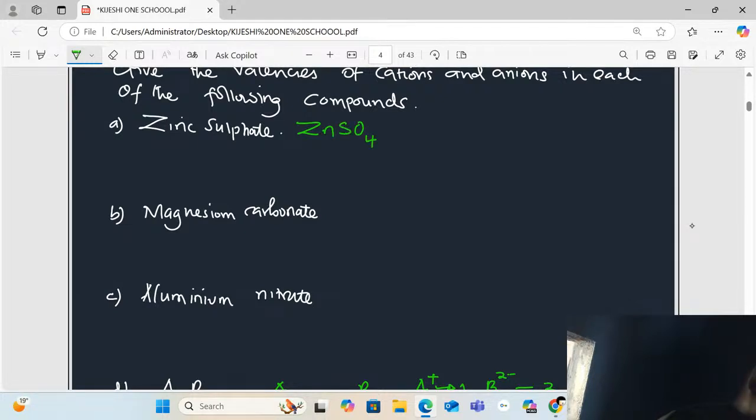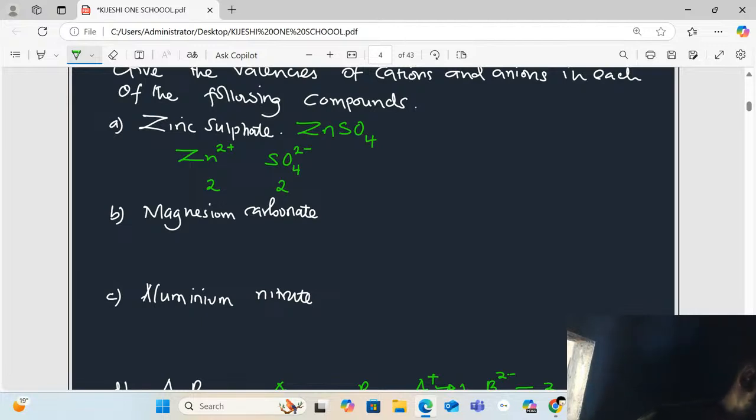If we break down this one, it will be of a cation, that is an element, and then we'll have a sulfate, which will be a radical. Therefore, we know that zinc is valence 2, whereas sulfate is valence 2. So this is 2 and this is 2. That's why they just cancelled.